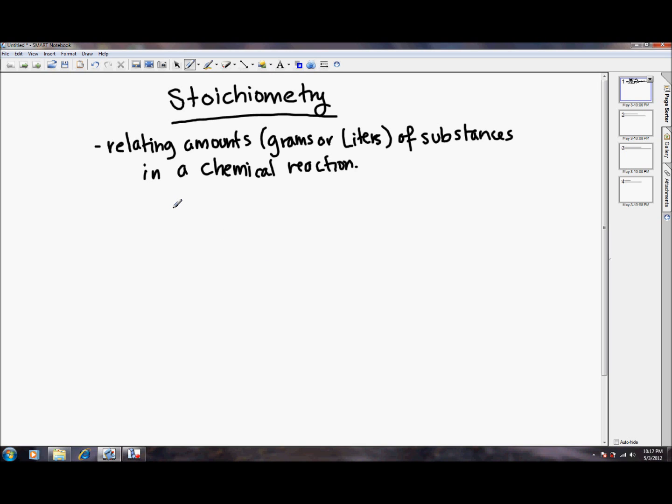If we look at a very simple equation, and we balance it, there's a certain amount of information that's present in this equation.